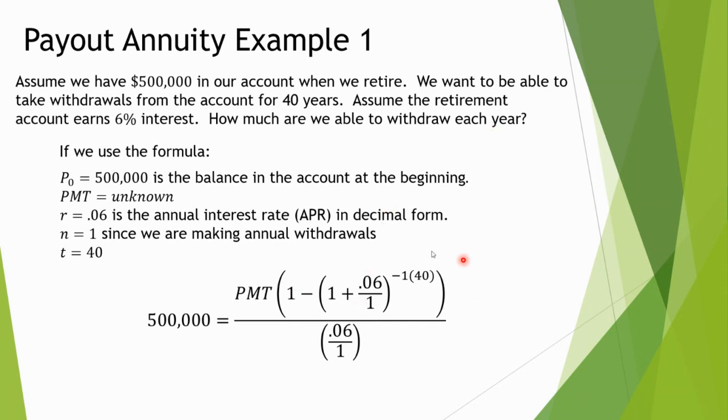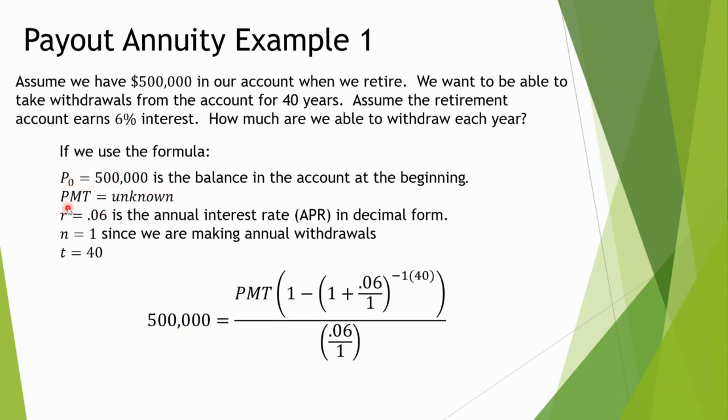So we're going to use our payout annuity formula. The balance initially in the account, that's what P sub 0 is, the starting amount. That's $500,000. We want to know how much we can withdraw each year, PMT.